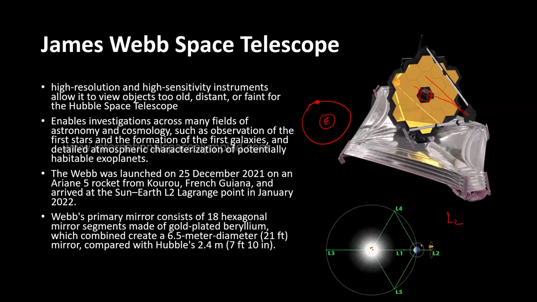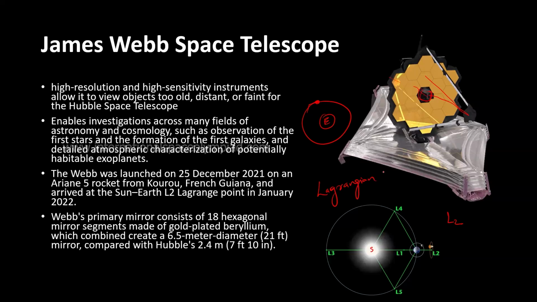Assume that this is the Sun and this is the Earth. When Earth is orbiting around the Sun, there are some points called the Lagrangian points.